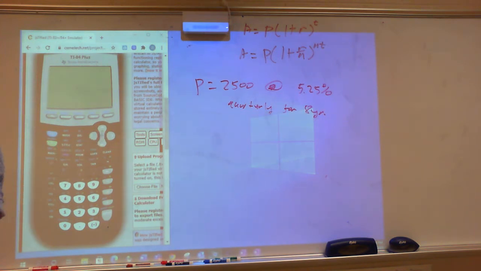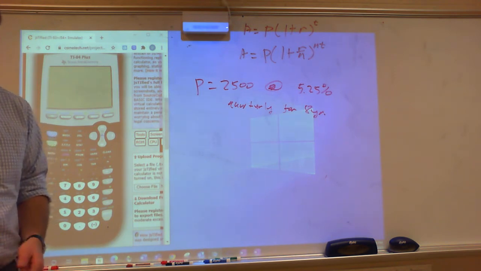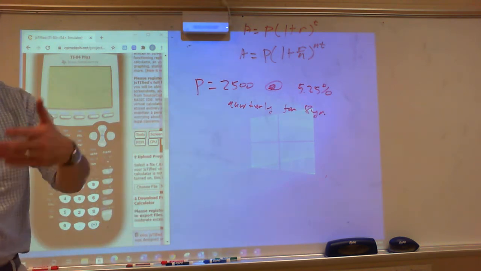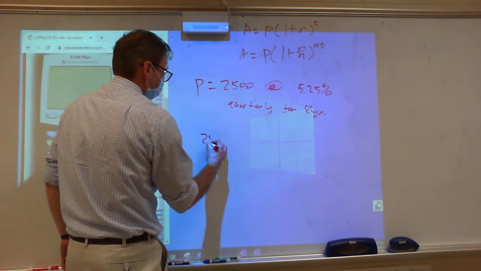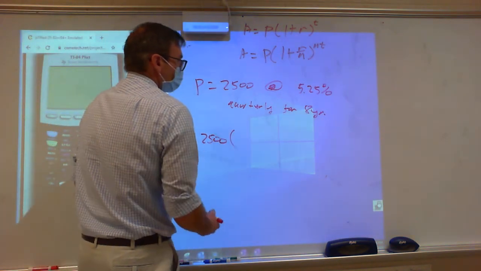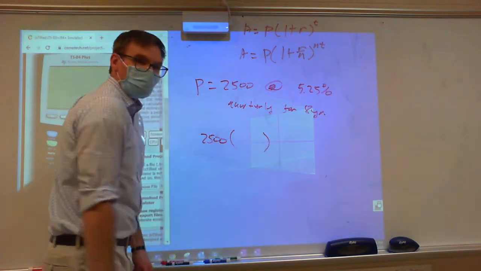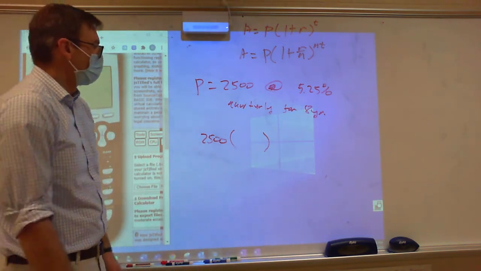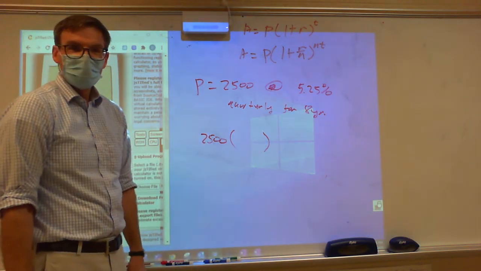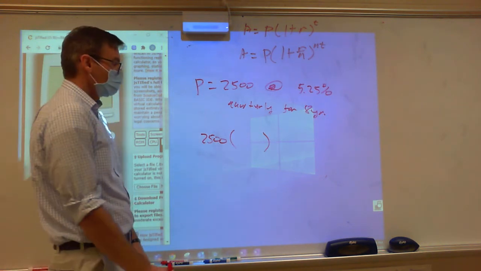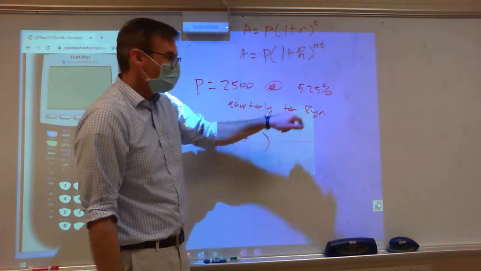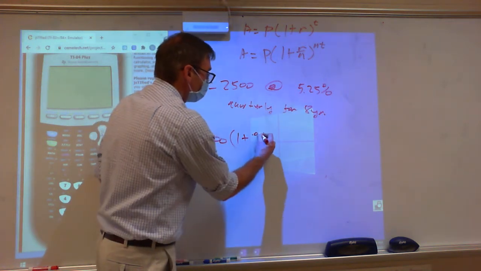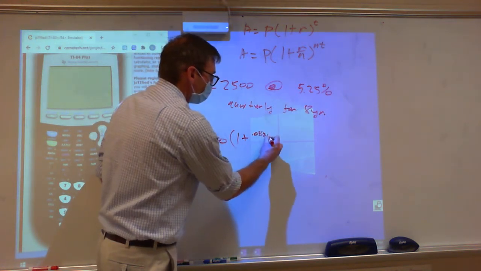And so how would you figure that out? Well, what do you start with? What's your initial value? 2,500. If you're compounding quarterly, what's going to go in here? So 1 plus, are we okay this interest rate is going to be 0.0525?